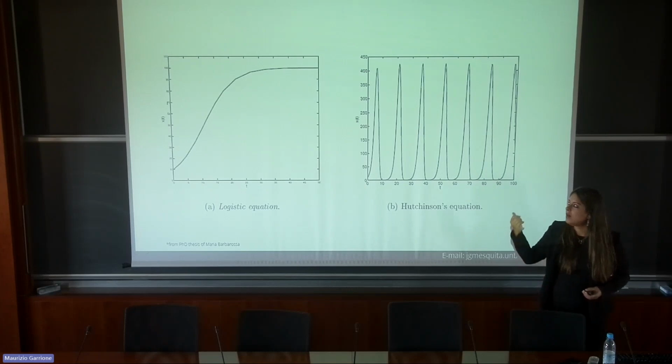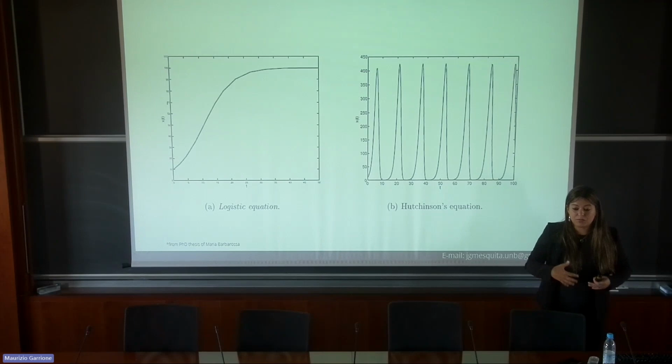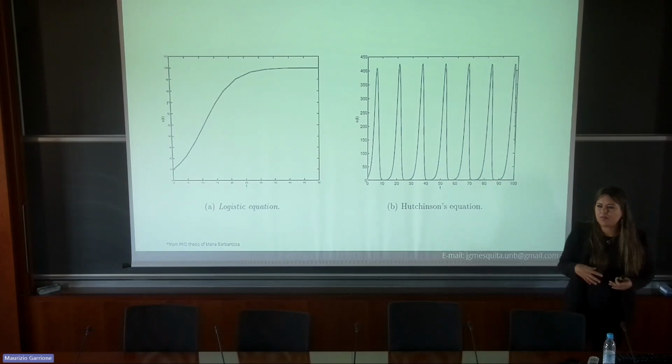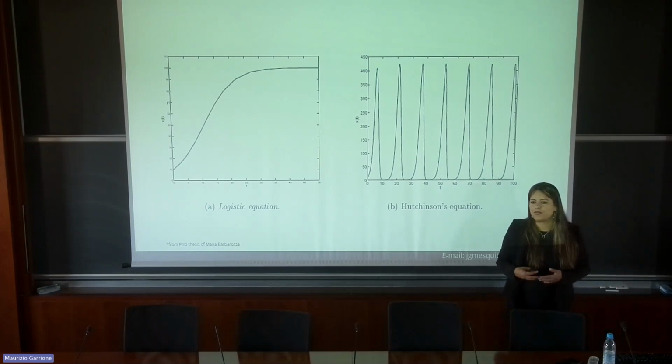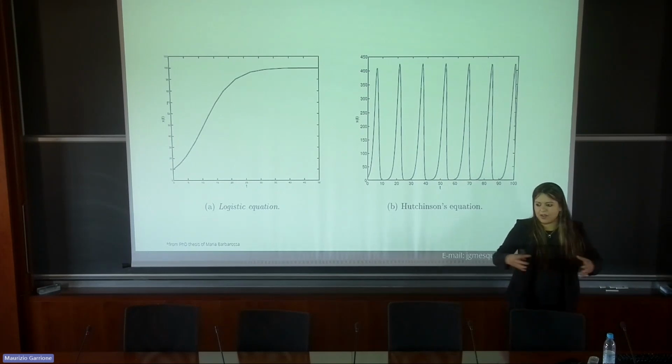For example, the Hutchinson equation population model was very famous for blowfly populations, because at that time there were a lot of blowflies, and they were causing a lot of problems for agriculture, and also economic concerns, because they would like to produce more things, and because of the increase of the blowfly population, they were really concerned.